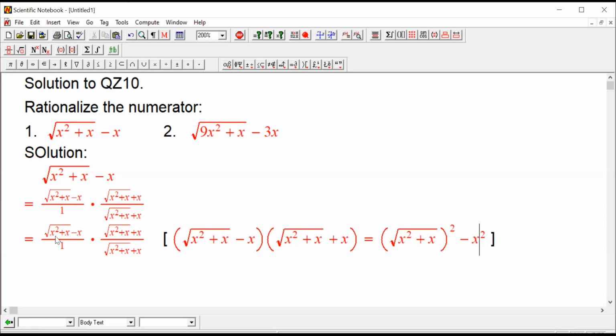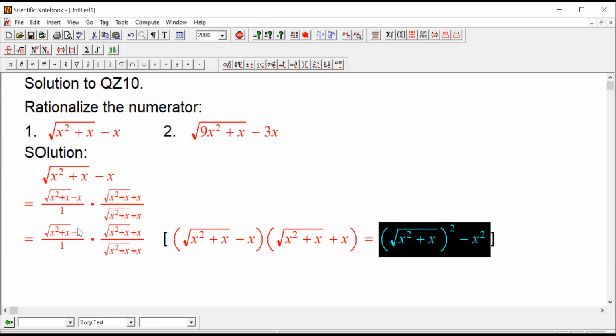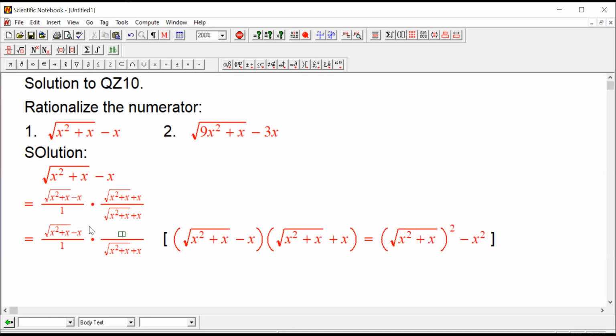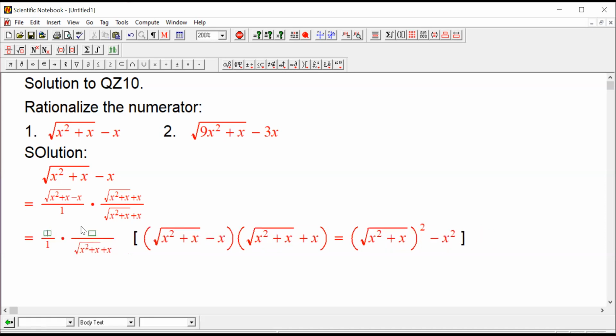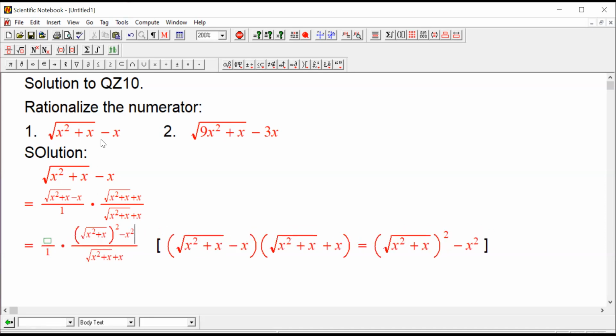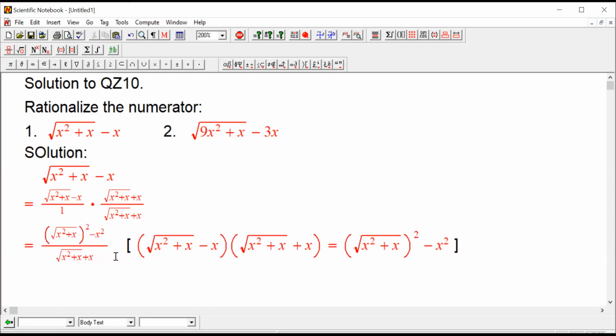So our next step, we're going to get this piece, replacing the result of multiplying these two. And so this is what we have left.